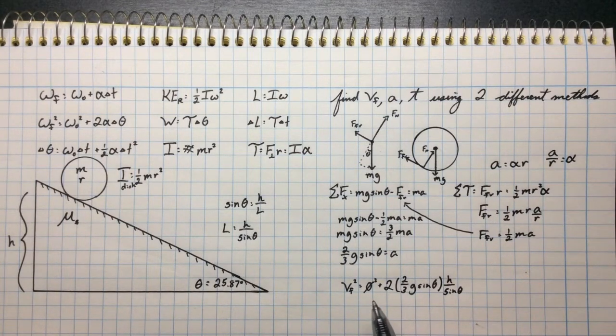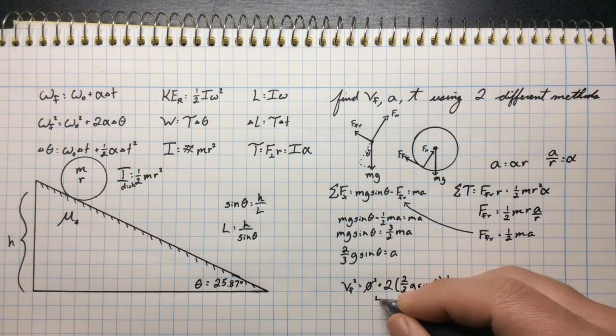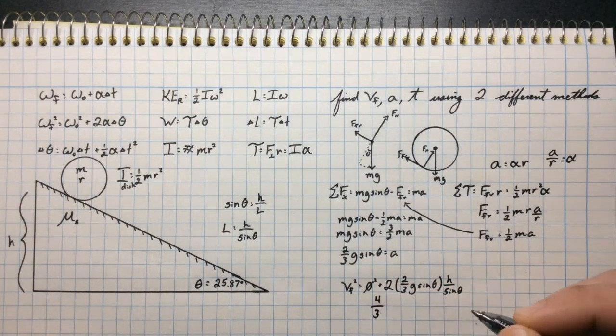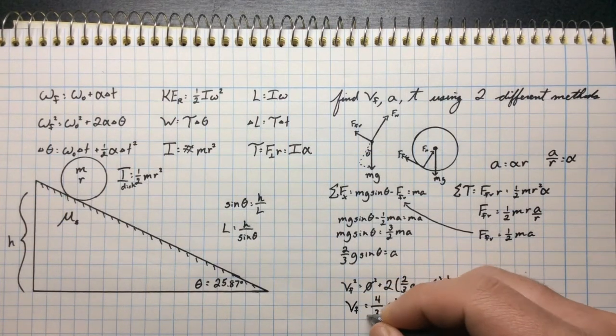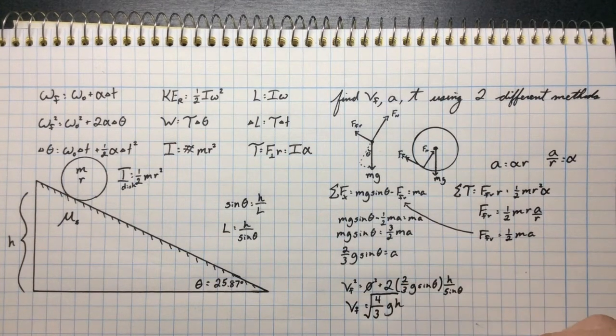That's kind of convenient, so let's work this a little bit more. 2 times 2 is going to be 4, so 4, I got the thirds there, the sines cancel out, and we get gh. And that's equal to vf squared, so I'm going to go ahead and square root that. So that's pretty good, that's my final velocity.